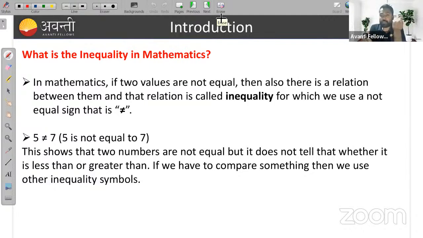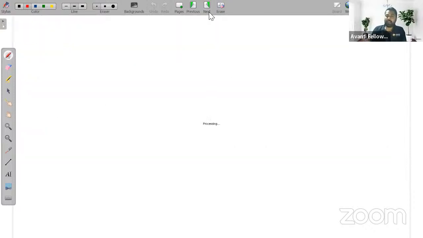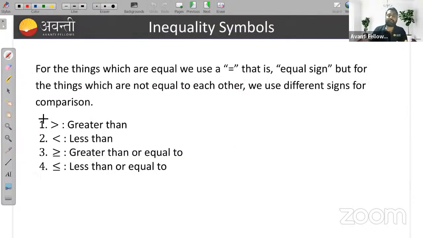Or comparison between two variables, or between two numbers, or between two mathematical expressions. And the symbols are these: greater than, less than, greater than or equal to, less than or equal to, and all of you know all these things. You are familiar with all these symbols also. So let's move.